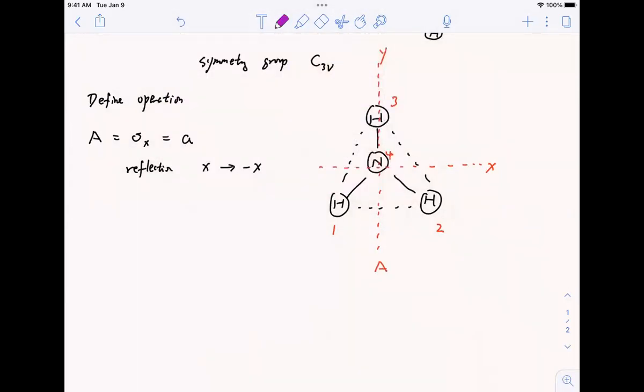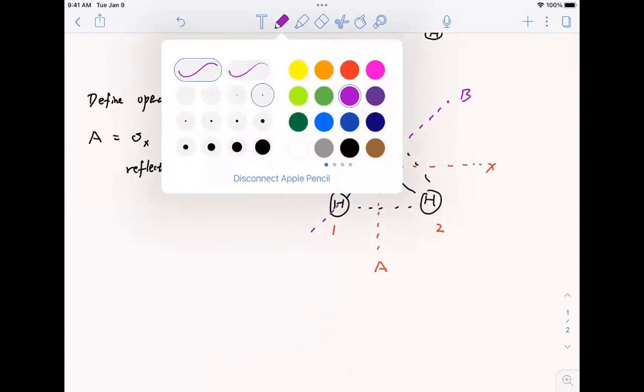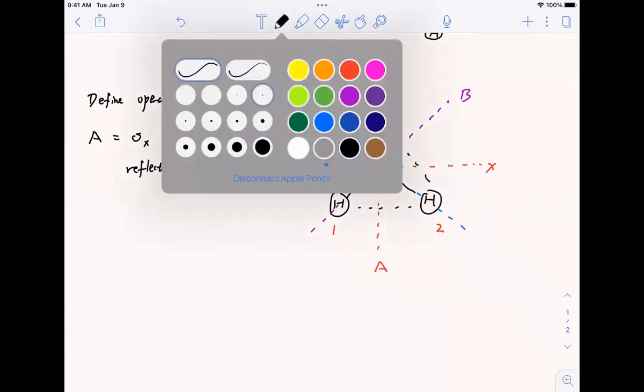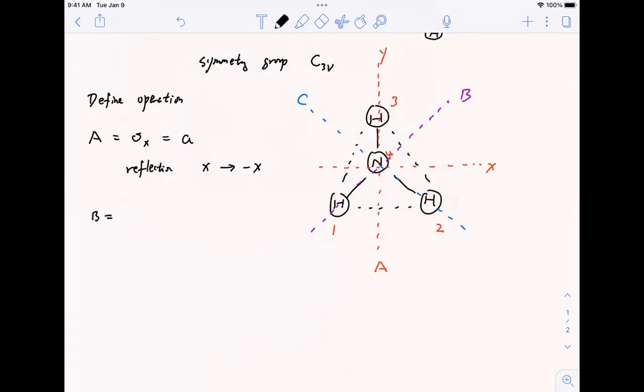Then you call this B, and then you can call this C.